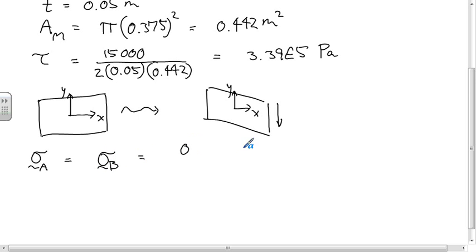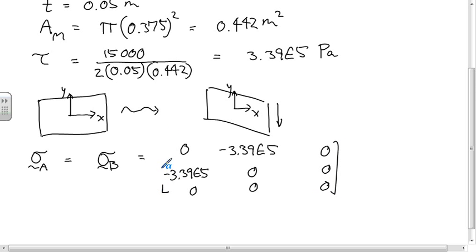And that's 0, negative 3.39 times 10 to the 5th, 0, negative 3.39 times 10 to the 5th, 0, 0, 0, 0, 0. Okay? So notice that this approximate value, where we treated both of those two points the same, had a value that was in between our two more carefully calculated points.